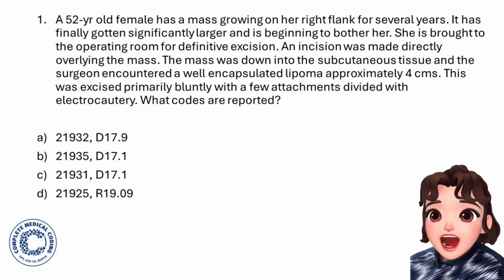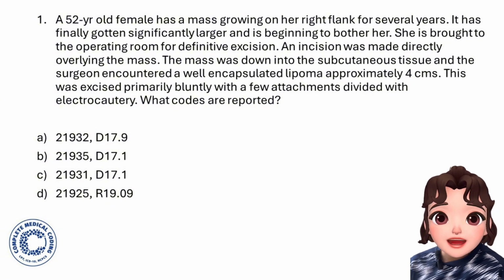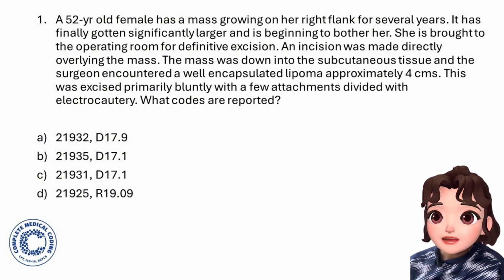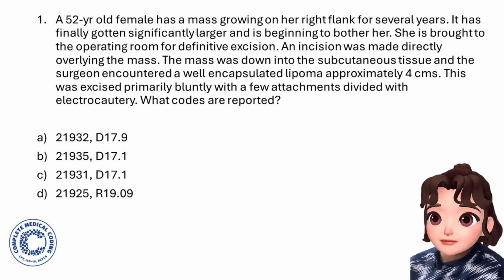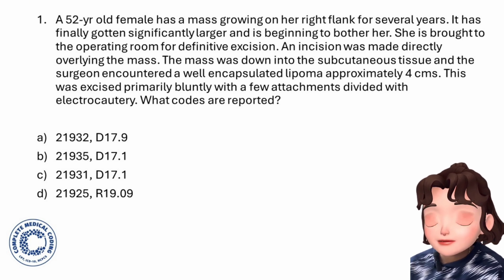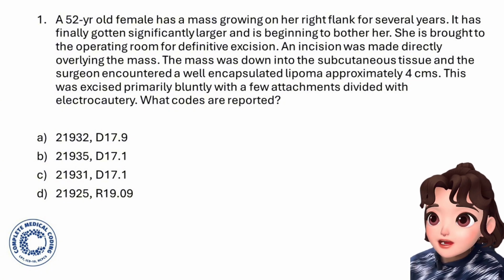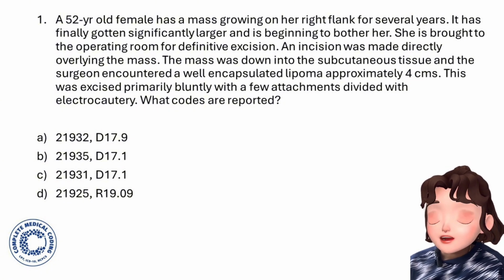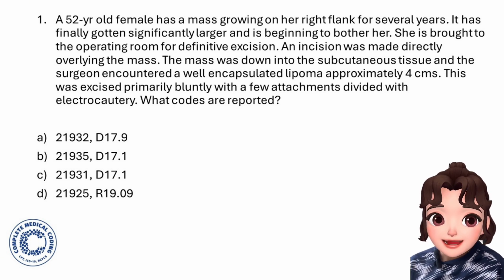Since the ICD code is also mentioned there, we need to report the ICD code also. It will come under neoplasm, but this is not a malignant one. This is just a benign lesion, so we have to code for the benign lesion ICD code.